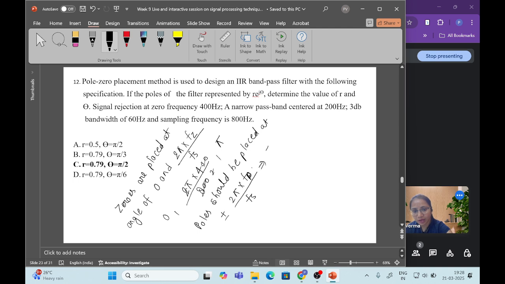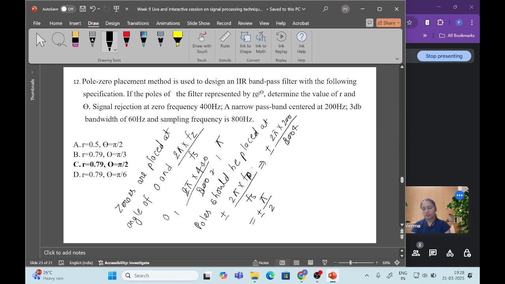If you calculate, plus minus 2 pi, Fp is 200 Hertz divided by 800, that is one fourth, so poles should be placed at plus minus pi by 2.